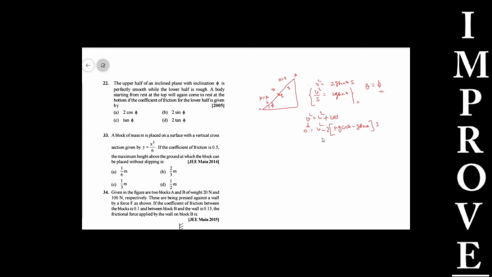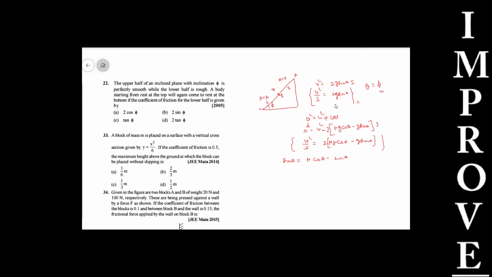So from this calculation, v square by s is going to give you 2 nu g cos theta minus g sin theta. Just equate both equations on both sides. This 2 and 2 get cancelled out, and g cancels out, so you're going to get sin theta is equal to nu cos theta minus sin theta.